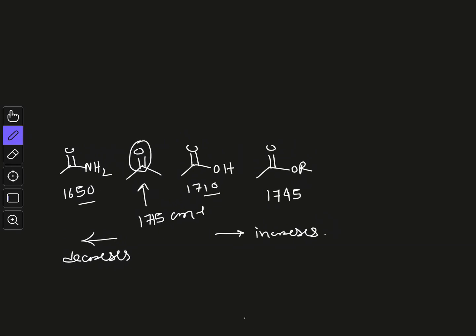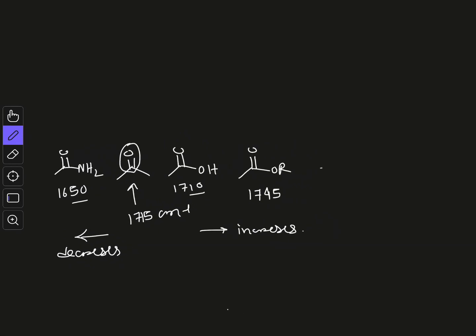And if you go further, that is if you put an anhydride group, you will see the increase is even higher, and for anhydride you will actually have two peaks at around 1790 and at around 1810, and this is because of coupling between these two carbonyl groups.